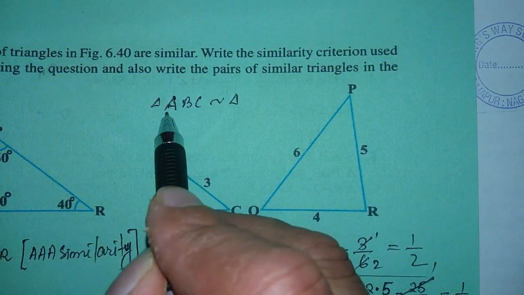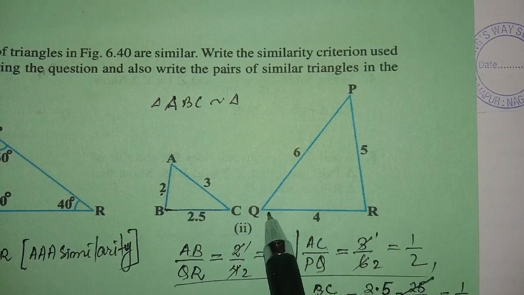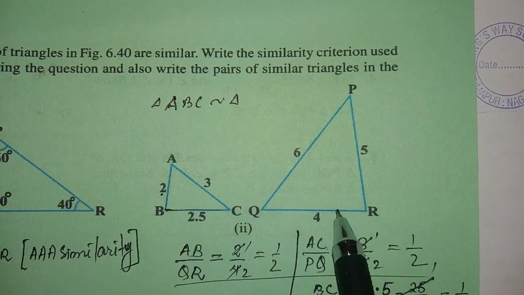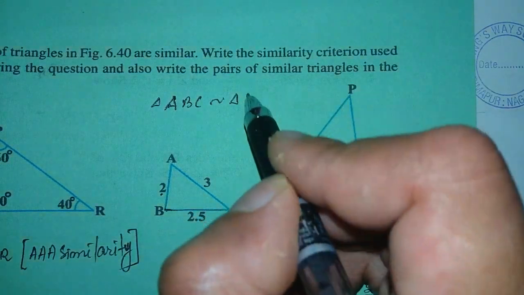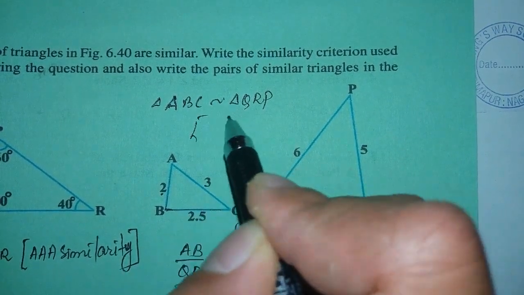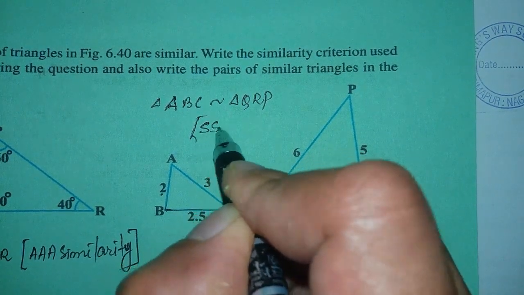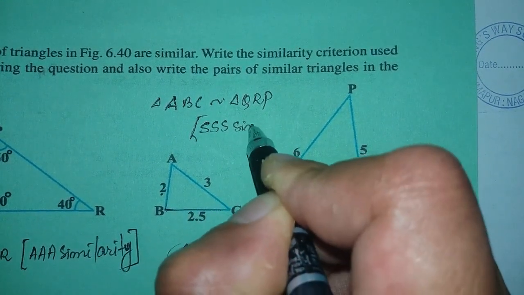But since I have written ABC, here I have to give the name of this triangle as QRP. Now in this we are using the side similarity.